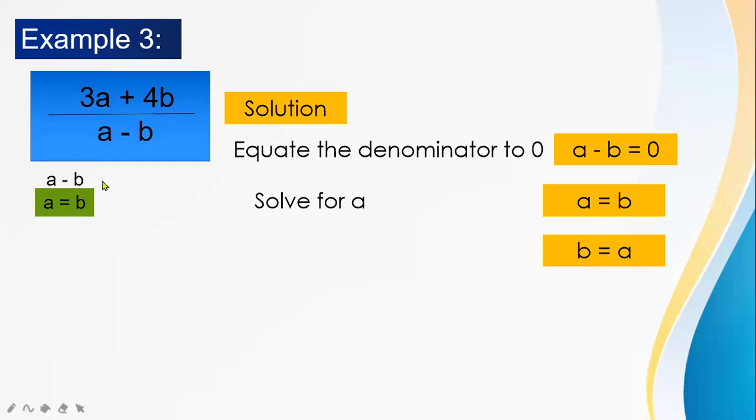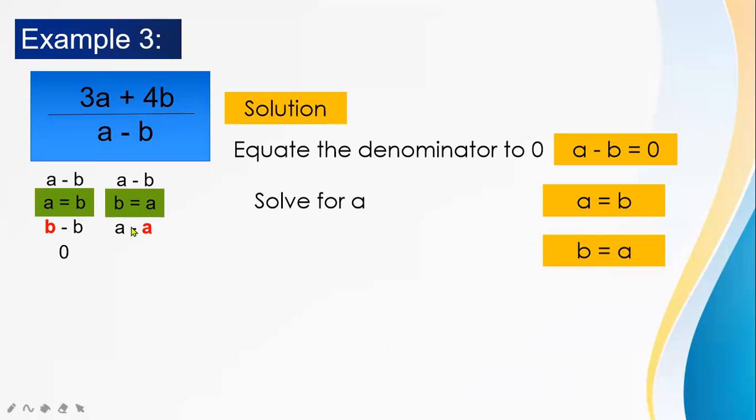Next, a minus b. This will be your denominator. Let's say your a equals b. So b minus b, the answer is 0. Next, a minus b, this time using b equals a.